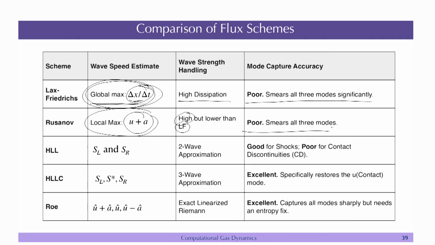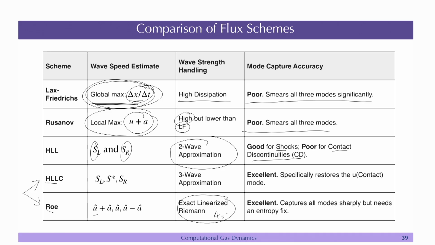Okay. Then these are the 2 schemes which are very popular. HLL is just the 2 wave approximation of the 3 wave physical system, only S L and S R, okay, and it is good for shocks, but poor for contact discontinuities. So, HLLC and Roe scheme are basically very popular schemes. In the Roe scheme we have basically linearized the system, okay.